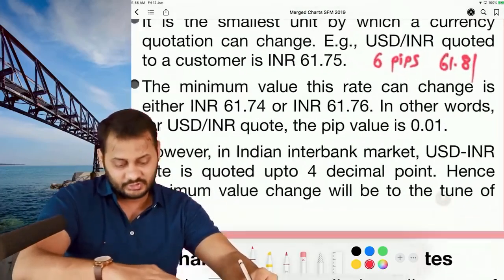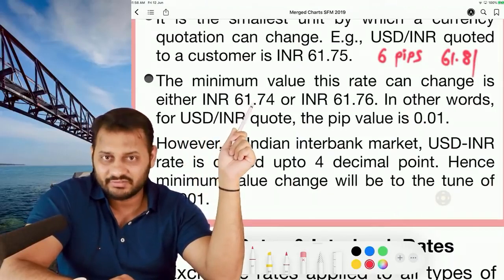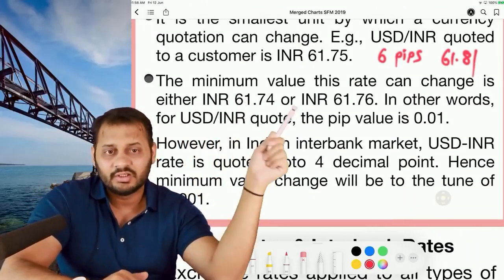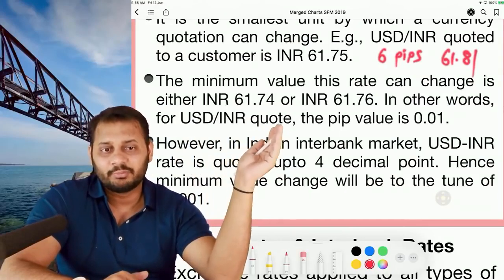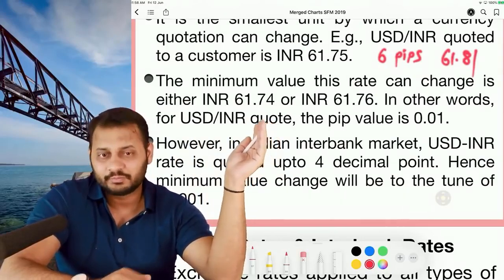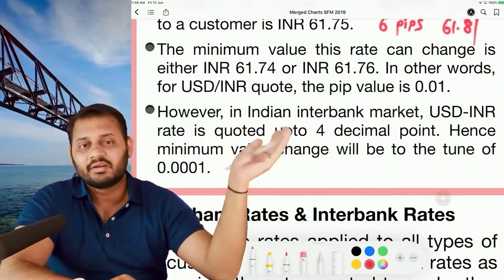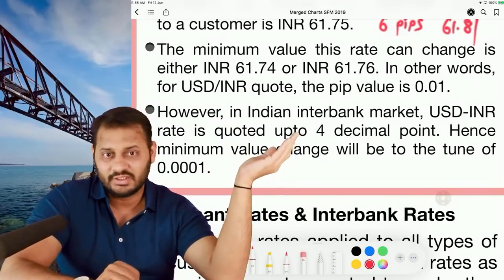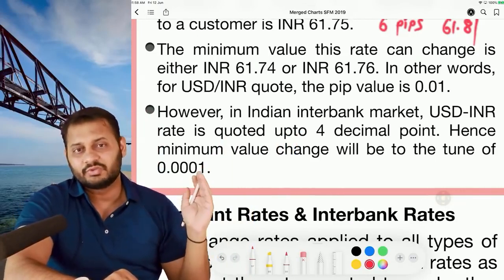So the minimum value this rate can change is either 61.74 if you go down, or 61.76 if you go up. In other words, for the USD INR quote, the pip value is 0.01. However, in the Indian interbank market, the USD INR rate is quoted up to 4 decimals. Hence, the pip, the minimum value it will change, is 0.0001.